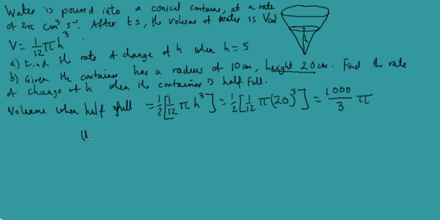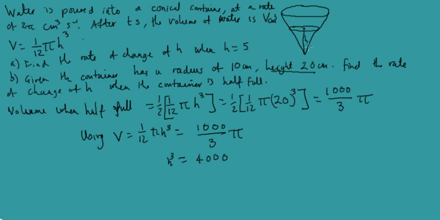Now, using the volume is 1/12 pi h cubed, we know that this has to be equal to 1000 over 3 pi, and we can rearrange this to get the height cubed will be 4000.